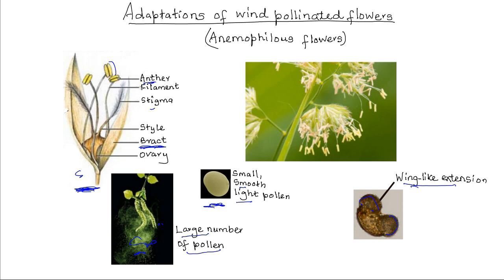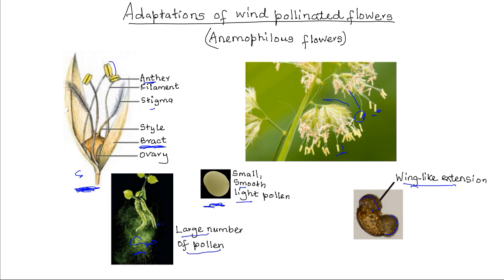So if you look at this flower here, of this plant, this is the anther, the long filament that projects the anthers out of the flower. In this way, the anthers are exposed to the wind. So most wind-pollinated flowers will have these relatively large anthers with the long filaments that expose them to the wind.